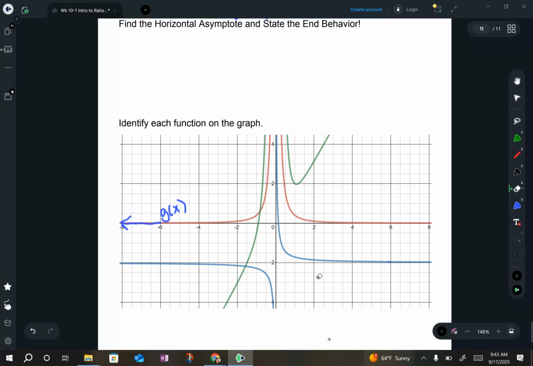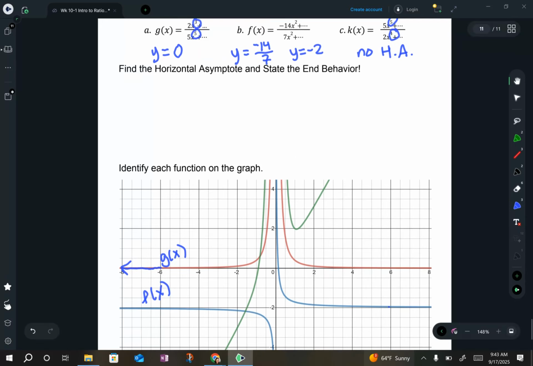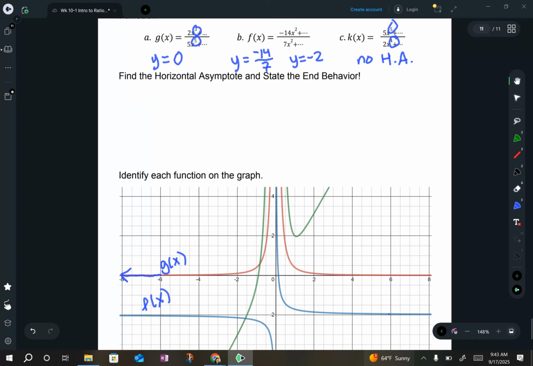The blue function has a horizontal asymptote at y equal to 2. That was named f of x, and you can see that asymptotic behavior. The green function doesn't have any horizontal asymptotic behavior. This one is my last function, which was named k of x. All right, well, that's it on the introduction to rational functions.